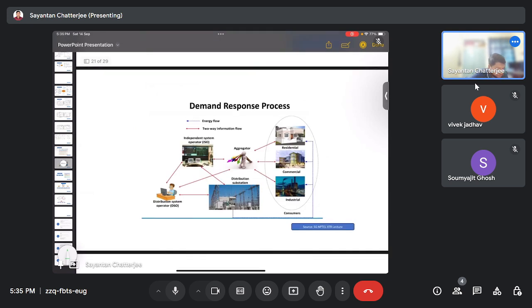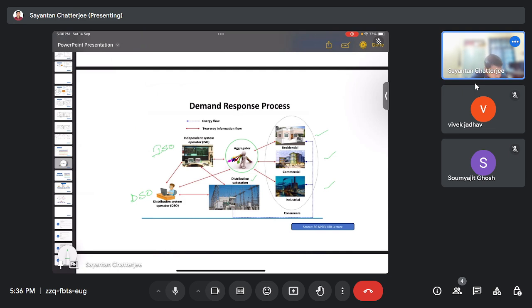You can see that here is the distribution substation, residential, commercial, industrial customers, and one DSO. And ISO, the independent system operator. There is the transmission side. And here is the aggregator. The aggregator discusses everything with the ISO, DSO, and the customer side itself.